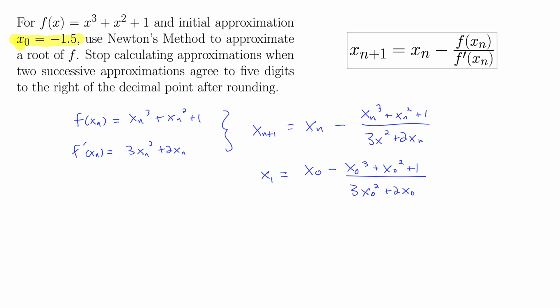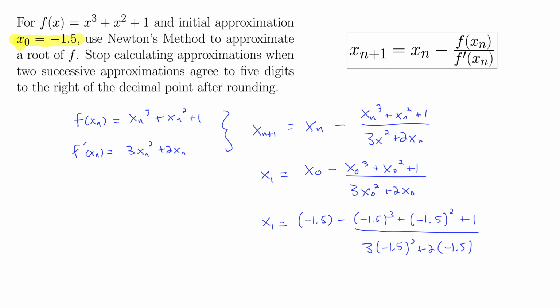Because as you can see, computing these by hand is going to be a nightmare. But what we would do here is then plug in negative 1.5 for x naught to get x1. Okay, so there I've plugged in negative 1.5 every time there's an x naught. And you can imagine you can keep grinding through this on your calculator. You put that in, that'll give us a new value. And then you put that in for all the x's, grind that through, that gives us a new value.